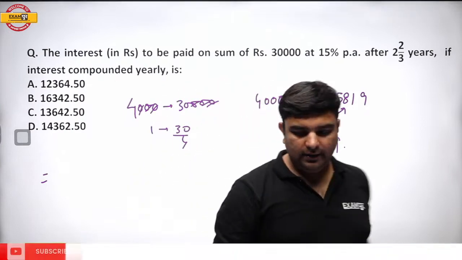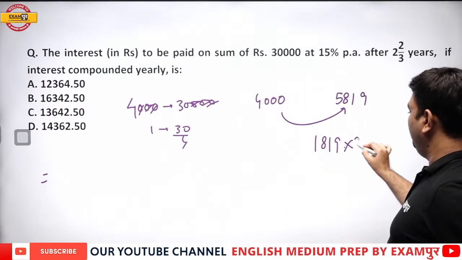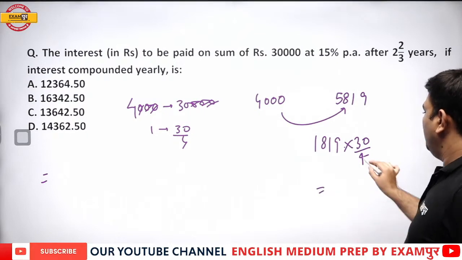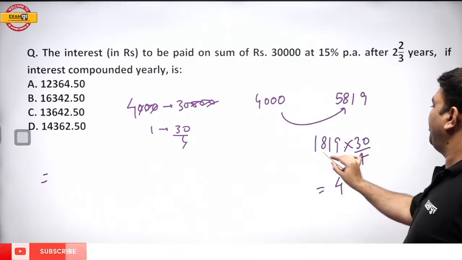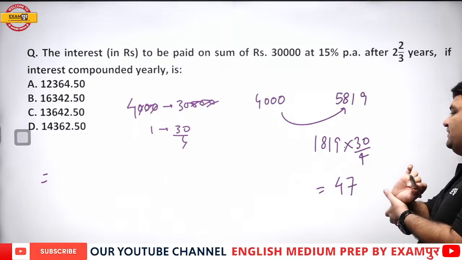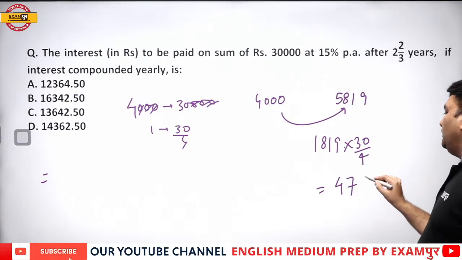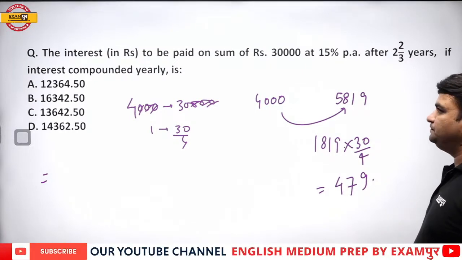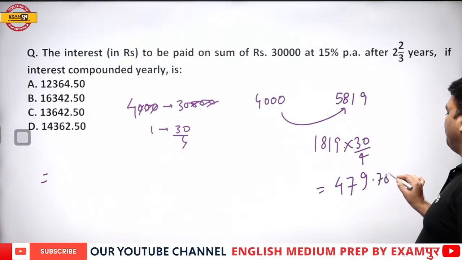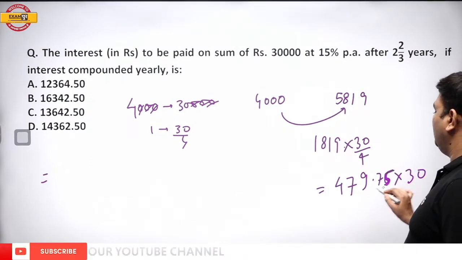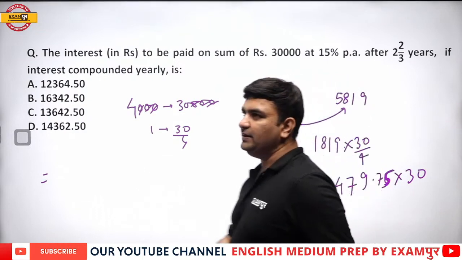So 1819 is 1819 into 30 by 4. 4 4 ja 16, 31, 4 7 ja 28, 39. 4 9 ja 36. Into 30. Multiplication by 3 is very easy.